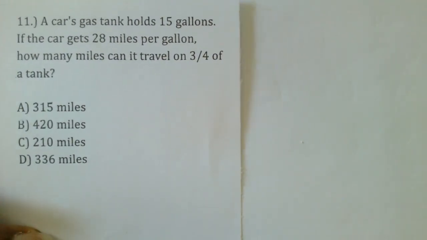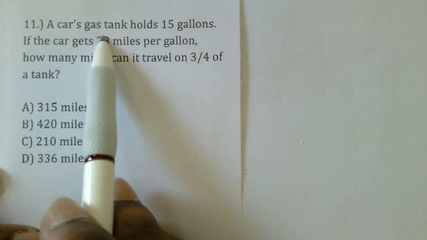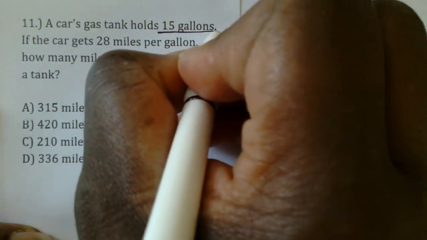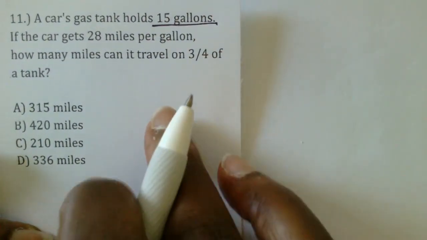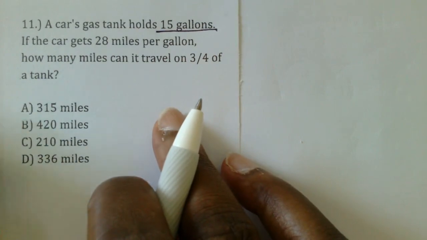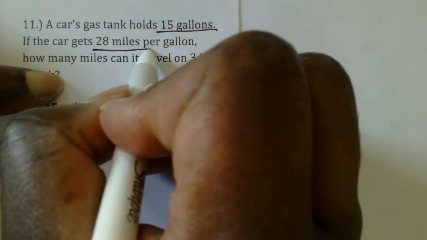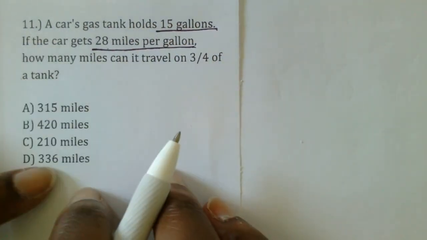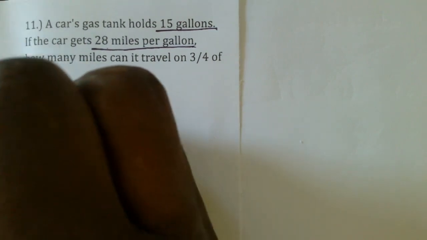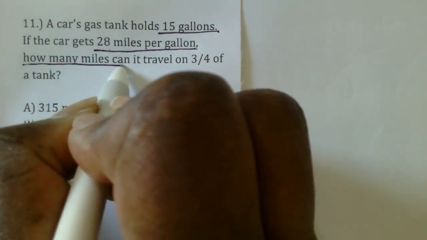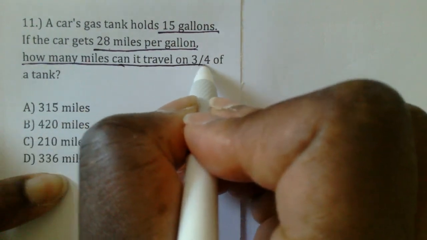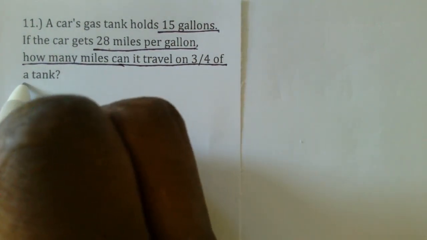All right? So we have a car's tank. It holds 15 gallons. All right? So now they're saying, okay, if a car gets 28 miles per gallon, all right, that's something important. But they want to know how many miles can it travel on a 3/4 of a tank.